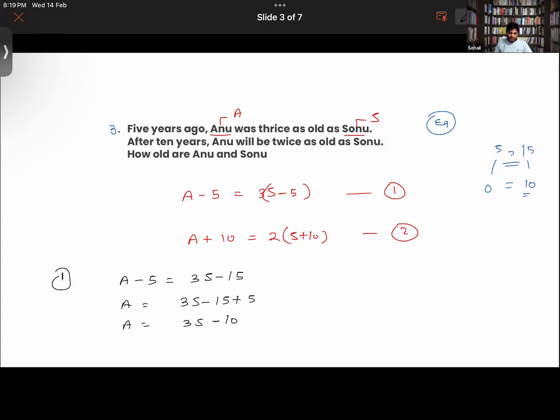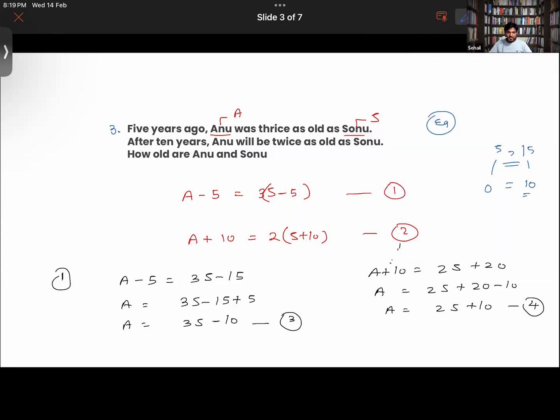Okay? This is the third equation we have got. Now let's solve the second equation. That is A plus 10 equals 2s plus 20. So A equals 2s plus 20 minus 10. That is A equals 2s plus 10. We have got the fourth equation now. Getting it so far?